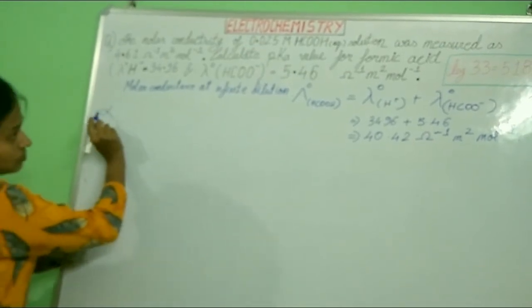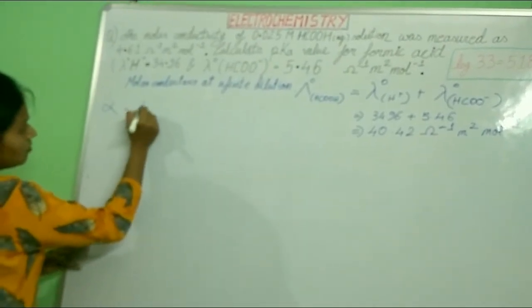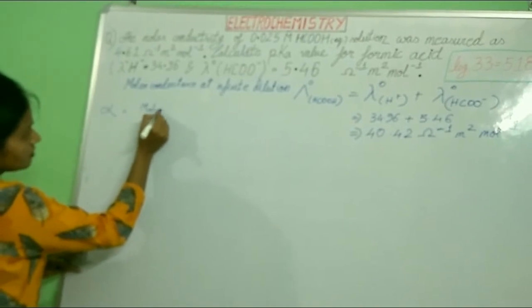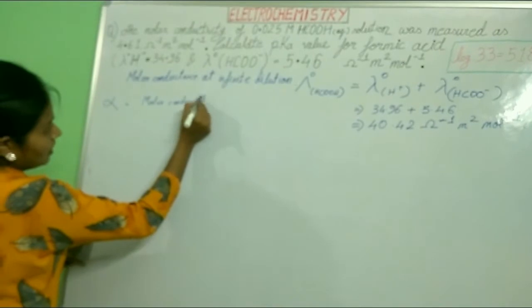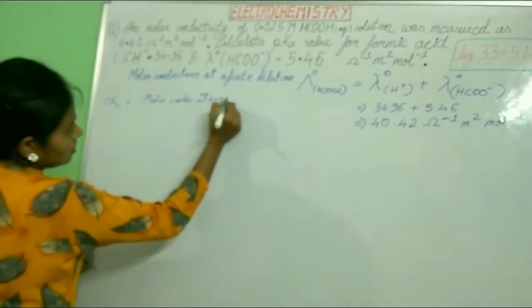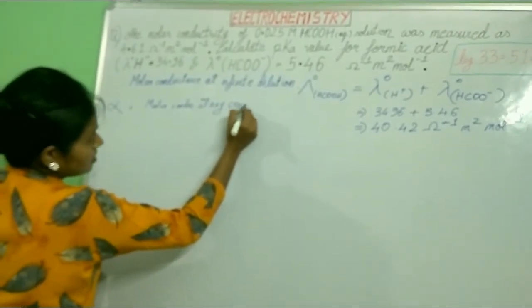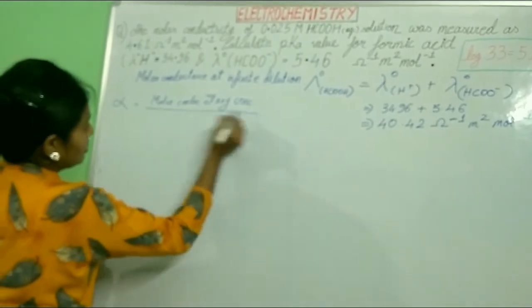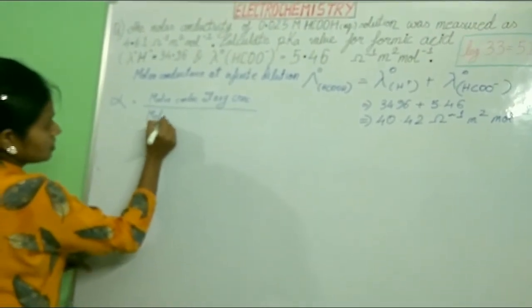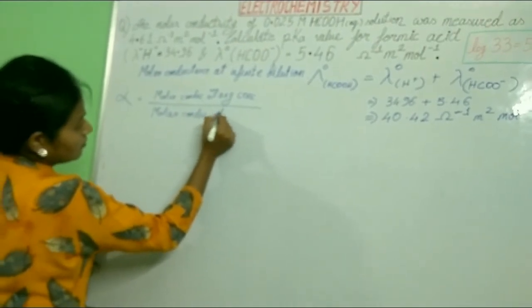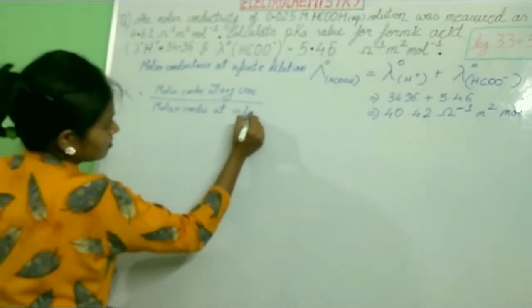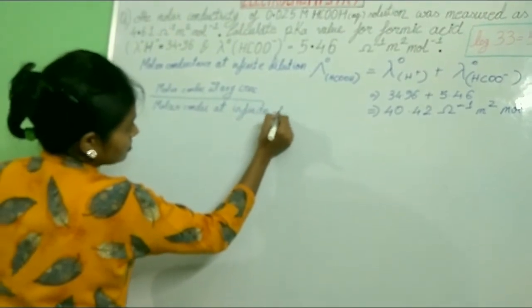And how to find out degree of dissociation? Molar conductance at any concentration divided by molar conductance at infinite dilution.